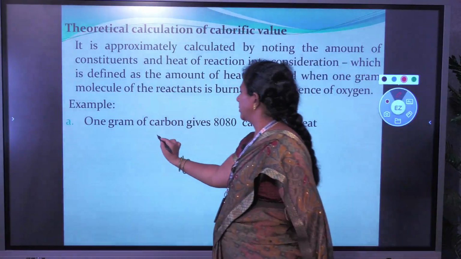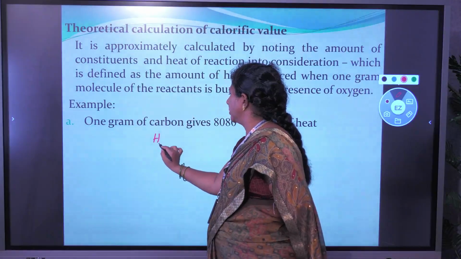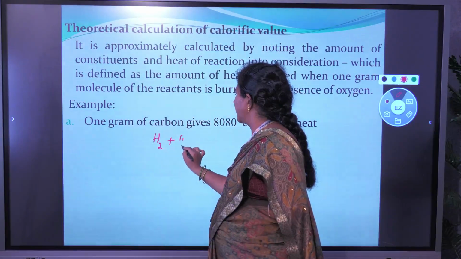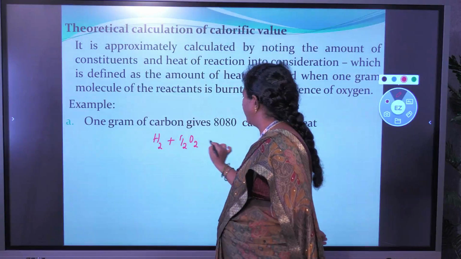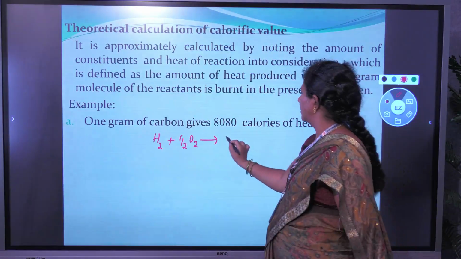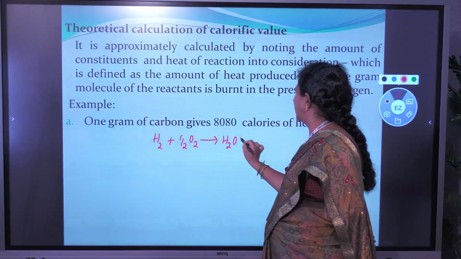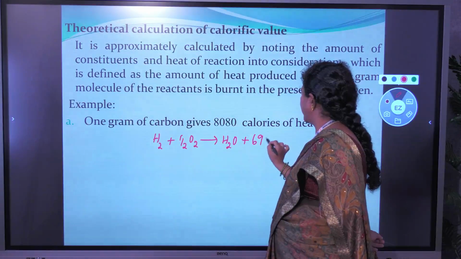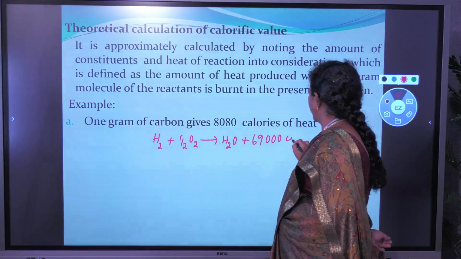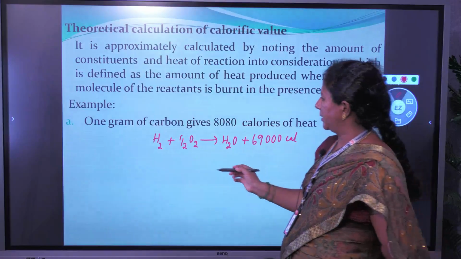Next one is hydrogen. If we take hydrogen, H2 plus half O2 gives rise to H2O, and during this process 69,000 calories of heat will be liberated.